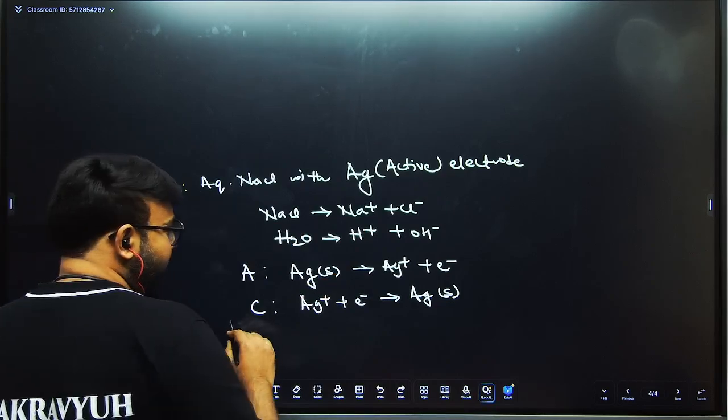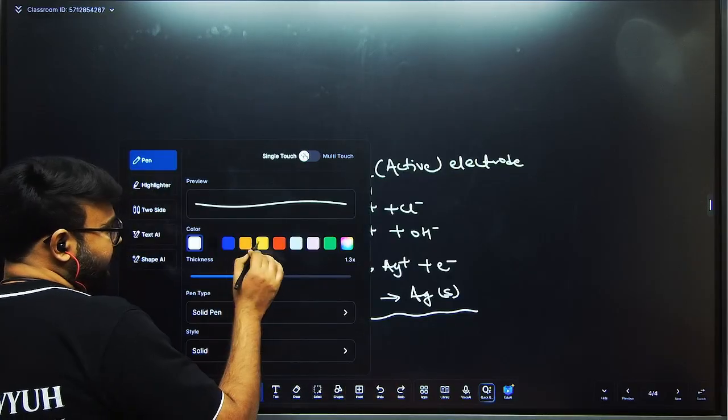So what's the overall? What's the n value here? N value is 1. Yes.